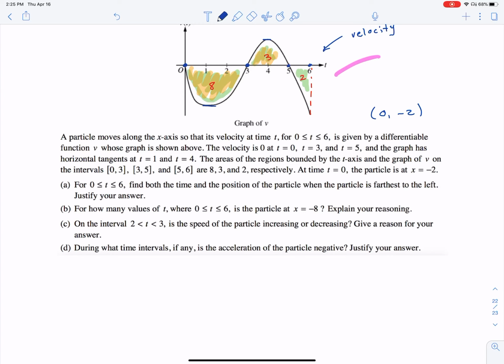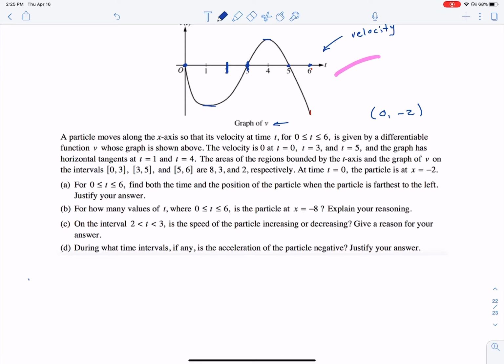So let's look at what we have. Let me clean up my graph here a bit. We are looking at the interval from 2 to 3, and we want to know, is this object speeding up? First, I'm going to look at the sign of the velocity function, which is the sign of this graph right here.